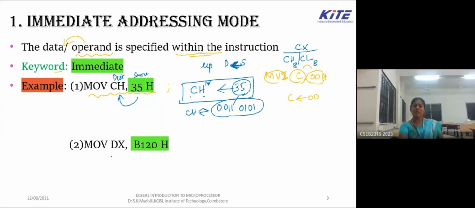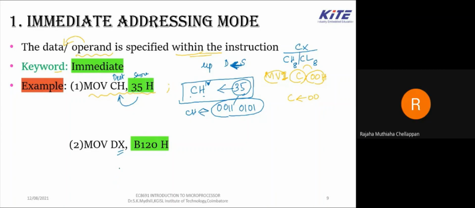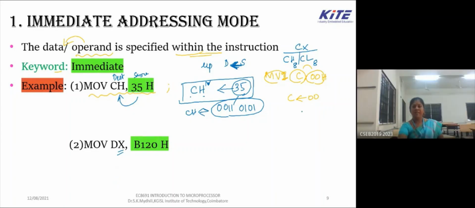What happens with MOV DX, B120H? What does X specify? 16-bit. Yes, very good. So in the register column, we have AX, BX, CX, DX. So DX specifies 16-bit. Here you can also see the difference between this and this.